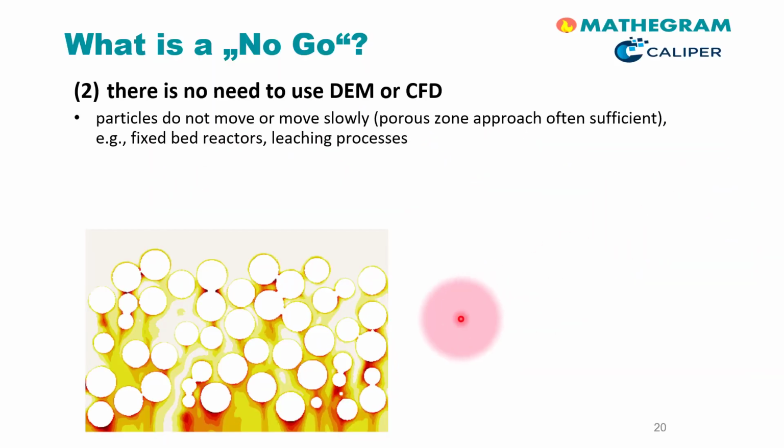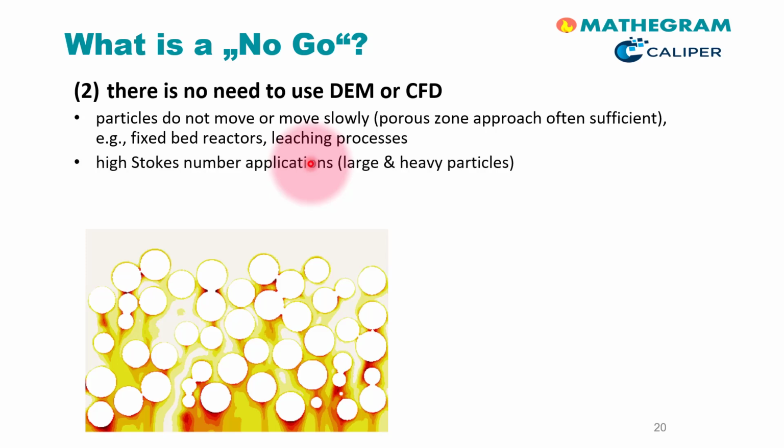Another example would be a leaching process in which particles may be partially dissolved by an ambient liquid and shrink only very slowly. Another situation for which coupling is not meaningful includes high Stokes number applications. Here the CFD part can be safely neglected simply because the particles have too much inertia to see the ambient fluid flow.